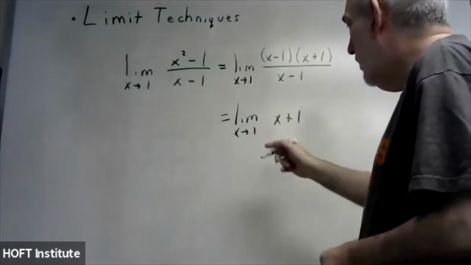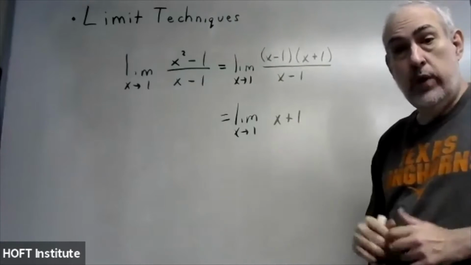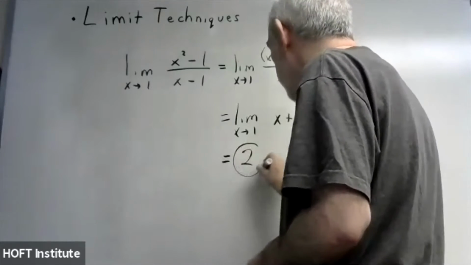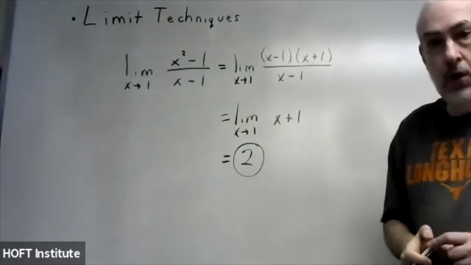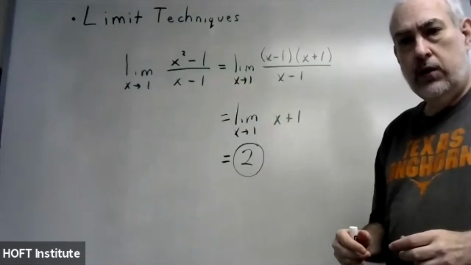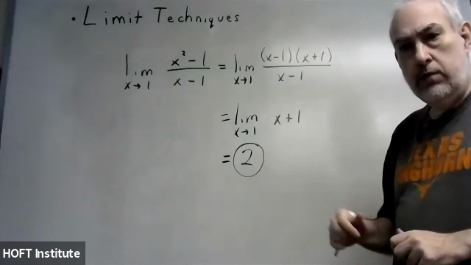And then the limit as x approaches 1 of x plus 1, that's a polynomial, so you just plug in 1 and you get 2. So the final answer is 2. Okay, so this limit, which originally we can call a 0 over 0 limit, ended up equaling 2.